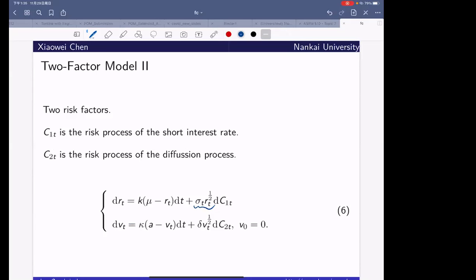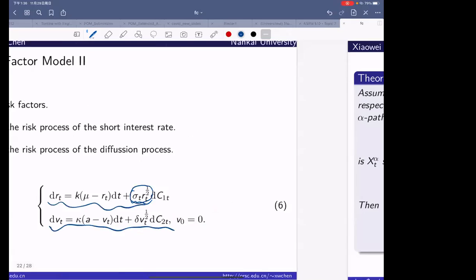It depends on the macroeconomic environment. So the diffusion can also be described by another uncertain differential equation, and we can use this two-formula system to describe the SALT interest rate.